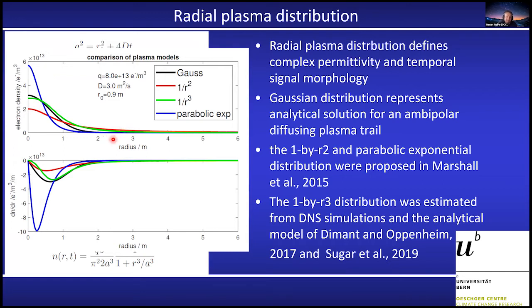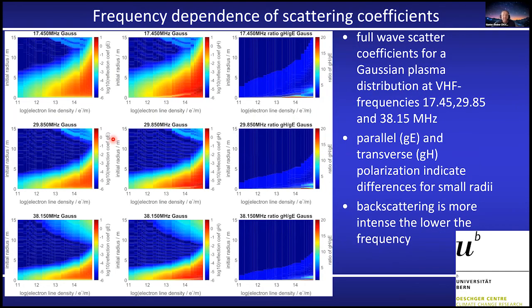And when we now look at the frequency dependency, it was very well known that, depending on your radar setup, the typical decay time, so how long the meteor was seen, depended on frequency. And with this model, we were able to really investigate this for both field components.